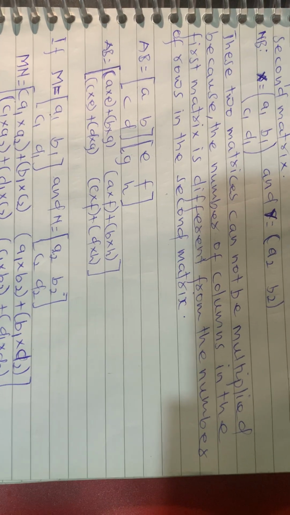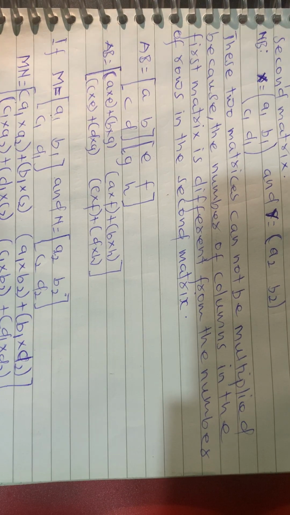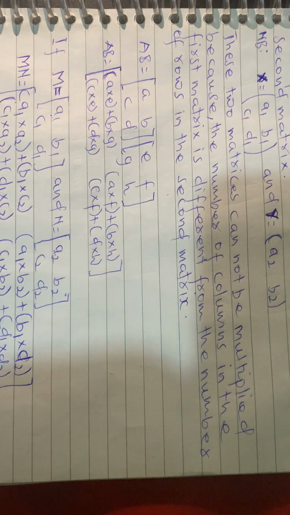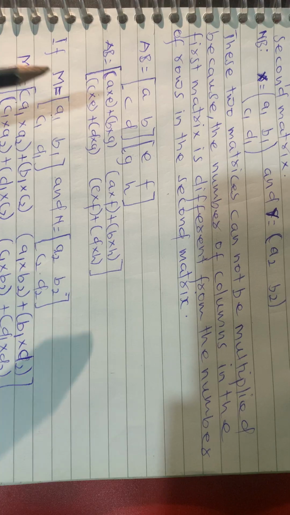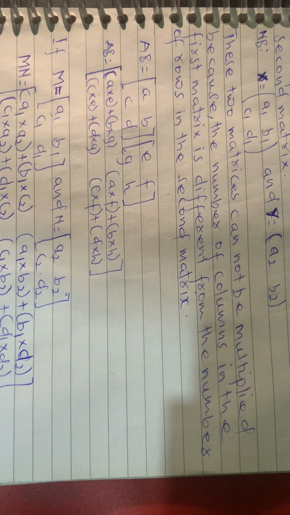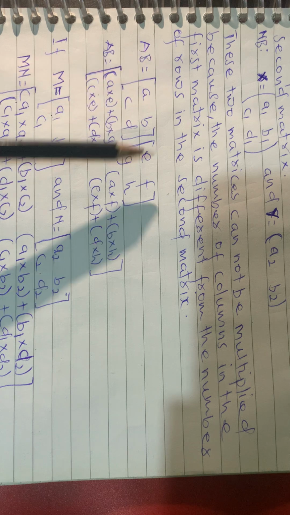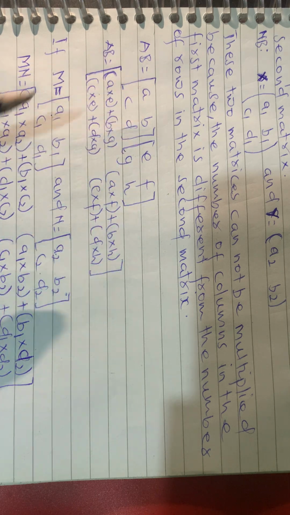Now let's look at how the multiplication is done. It's not difficult, it's very easy. So how can I multiply these two matrices A and B? This is what you do.